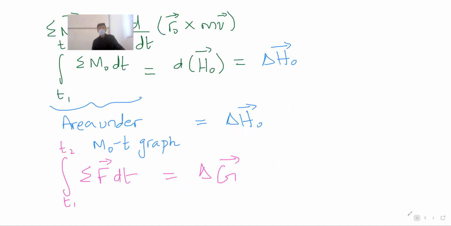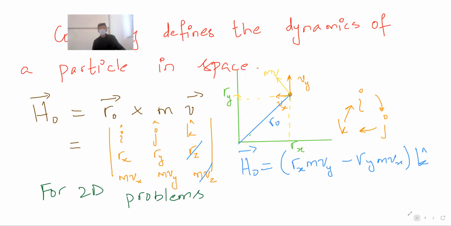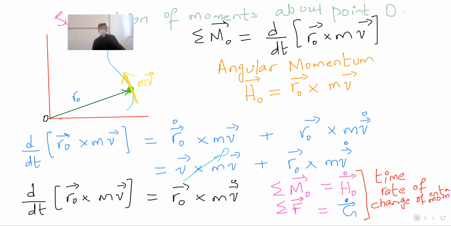I think I did take a d over dt and proved it to you, so let's go back and see the derivation. d over dt of R cross mv equals R dot cross mv plus R naught cross mv dot. R dot becomes v, so v cross mv, v cross v, because m is just mass, becomes 0. So that is the answer to your question. I already took the whole chunk as 0. So it will be R cross mv dot only.